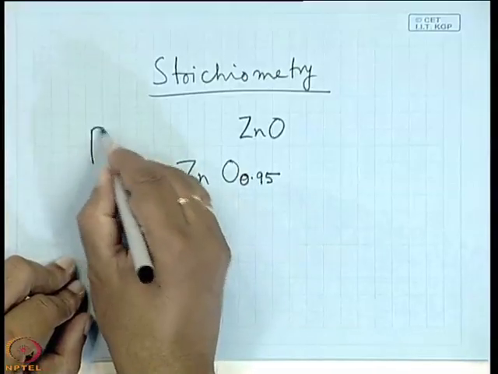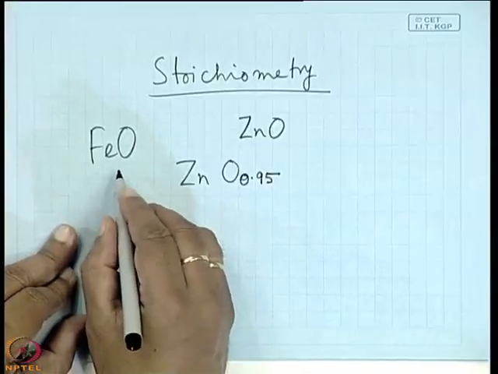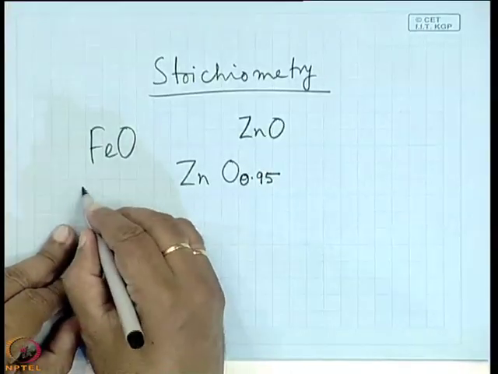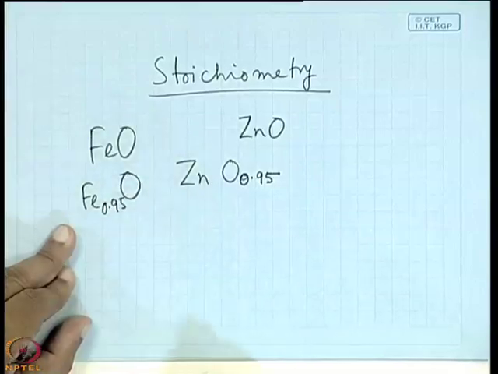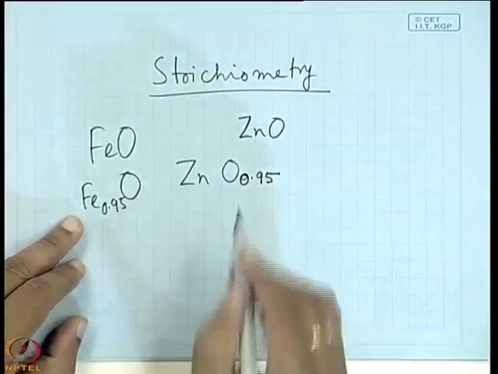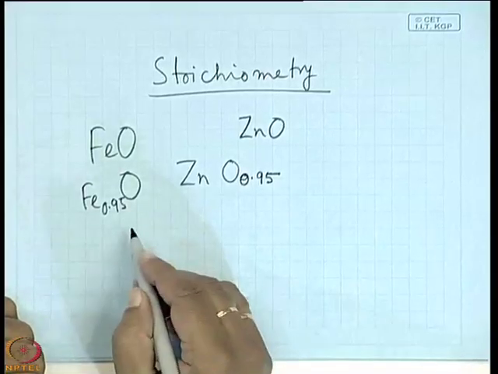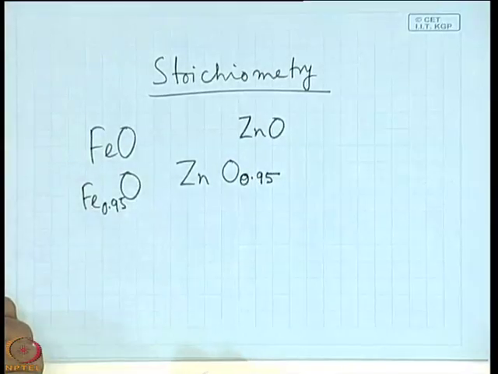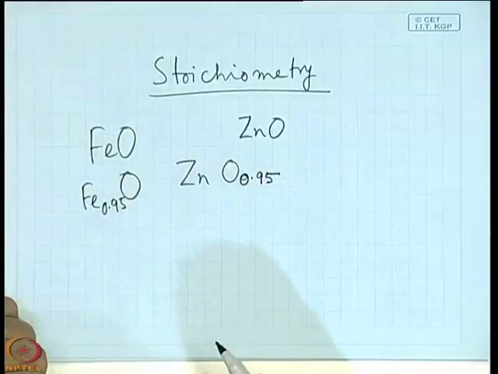Say FeO, ferrous oxide. The exact formula is not FeO, it is Fe 0.95 O. So, that means if you take the ratio, it is not a natural number, it is 0.95/1.